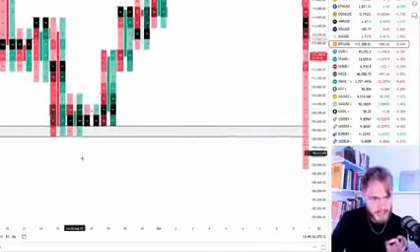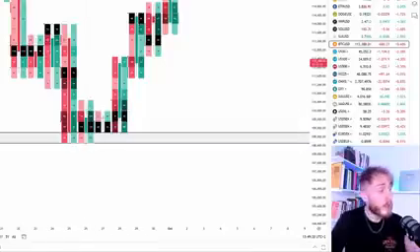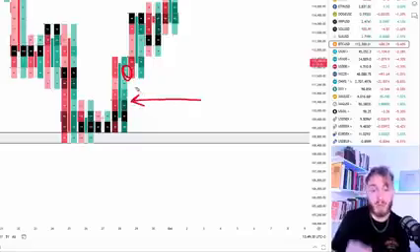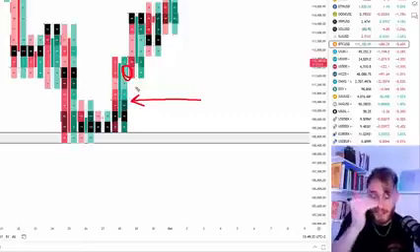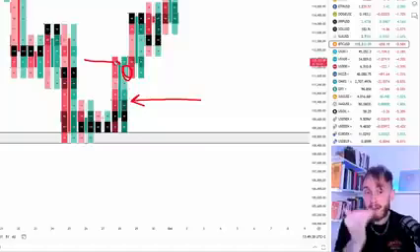But what you can notice is that we didn't really see any absorption right here. But on this green candle right here, what did we have? Well, we had a buying imbalance right here, which means that we saw aggressive buyers trying to push the price up. And we can also see that the price indeed closed above the imbalance.